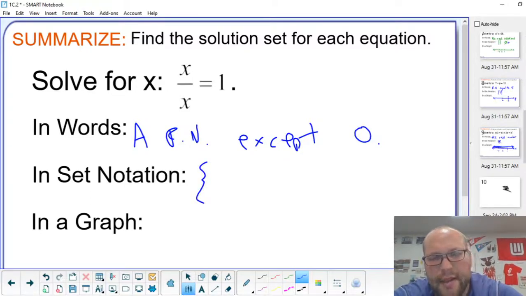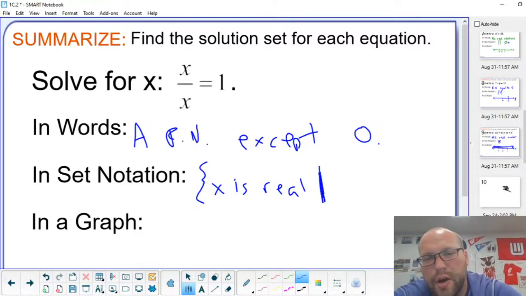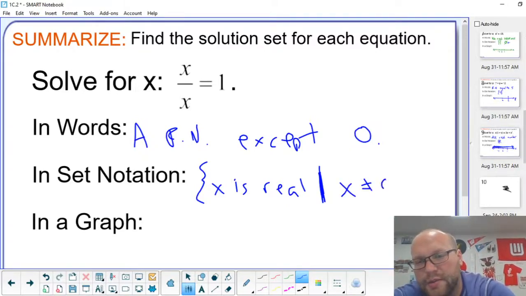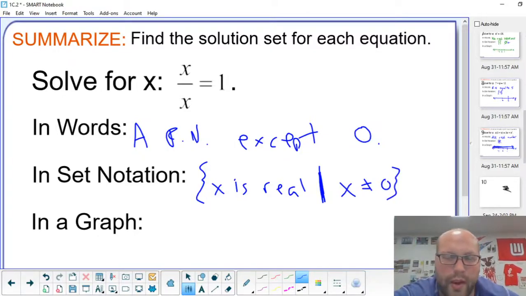So we have to say that x is real, because now that we have lots of answers, we can say it this way: x is real. We just put this vertical bar here to say that we're going to add more information to this set. So x is real, and then we're also going to say that x does not equal 0. So that's a nice quick way to denote that. So all the real numbers except 0 is what that says.